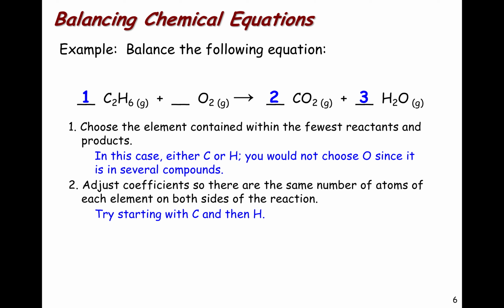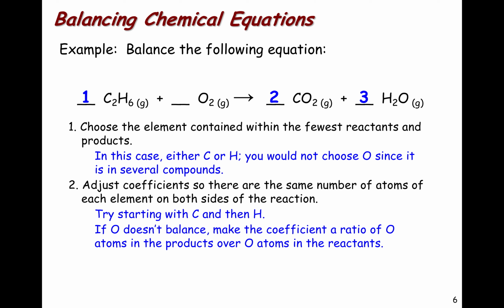Unfortunately, on the reactant side, the only compound that has oxygen in it is the elemental oxygen, which is O2, and that's an even number of oxygens on the reactant side. So we have a situation where we have an odd number of oxygens on the product, but an even number on the reactant side.